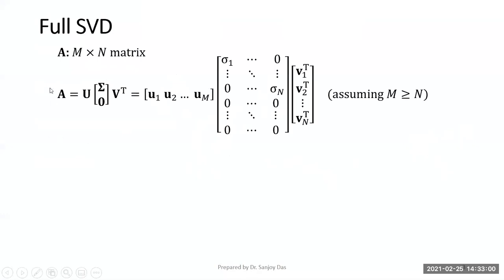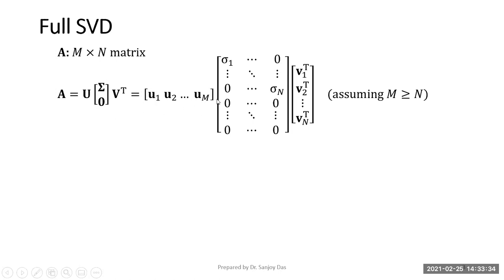Okay, so this is an M by N matrix, A. And we can assume that M is greater than or equal to N, so that A is a tall matrix. So the full SVD of A is equal to U times the matrix sigma 0, times V transpose, where U is U1, U2 until UM.